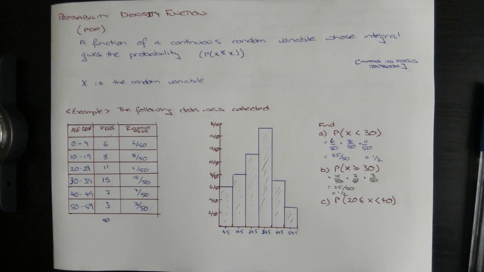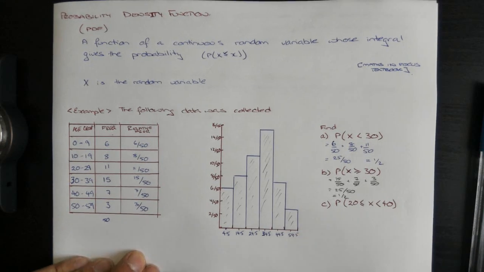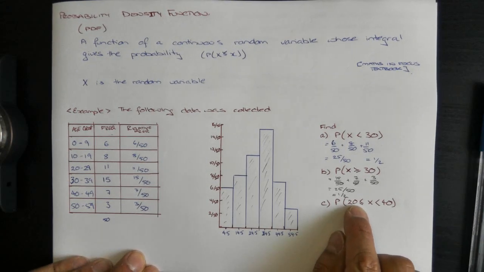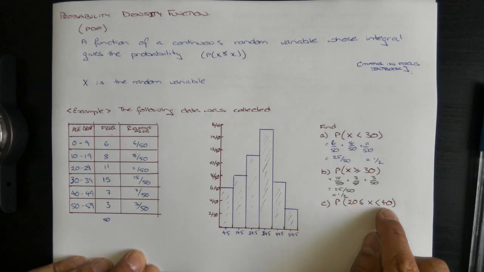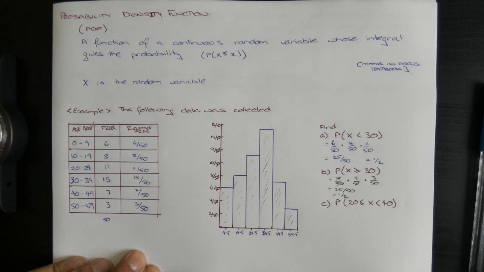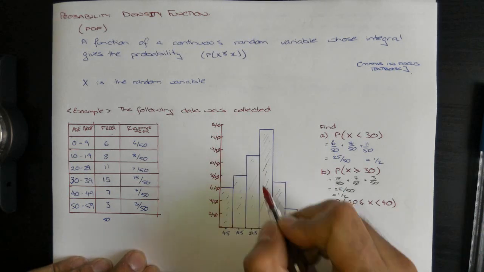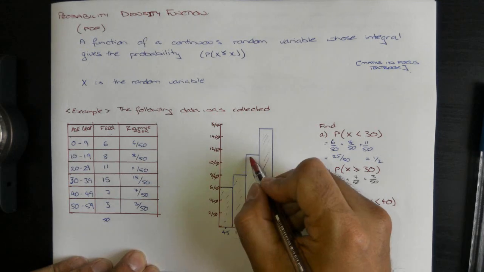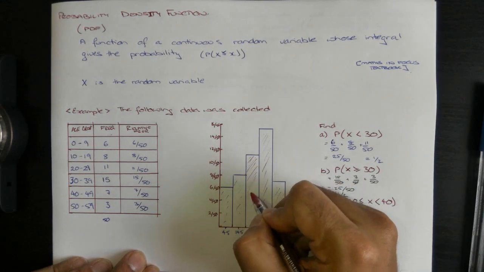Now, if I wanted to find the probability of greater than or equal to 20 but less than 40, that includes this one, but less than 40, so it includes these two in the middle.